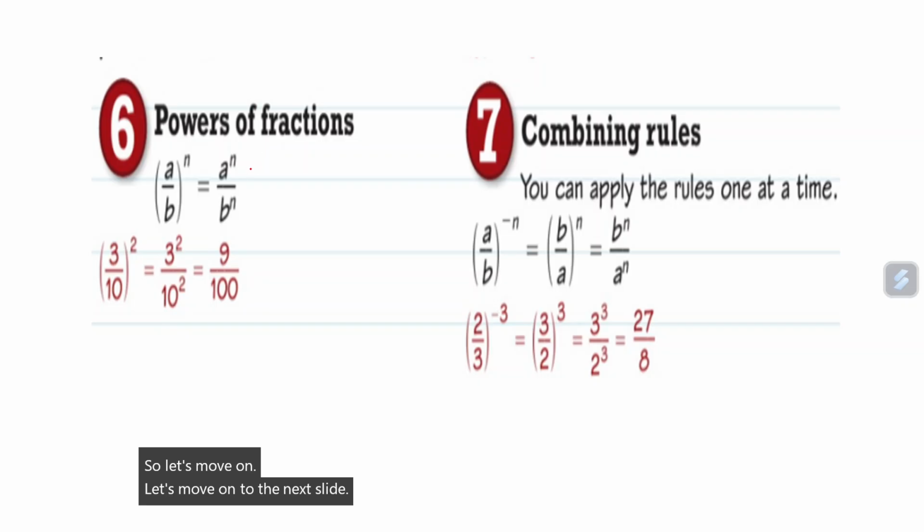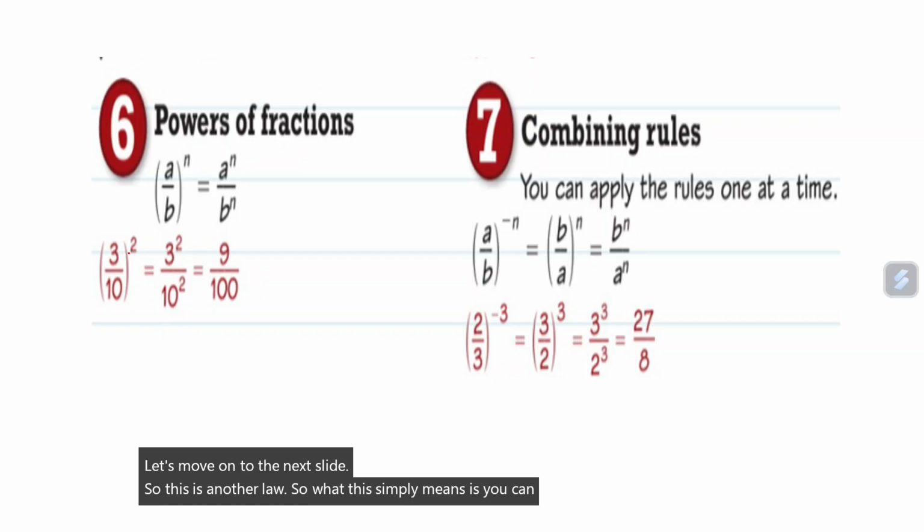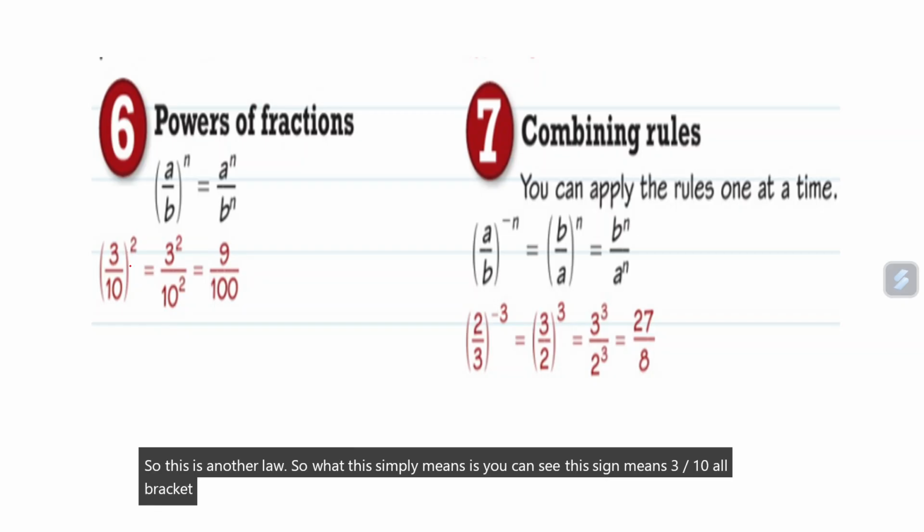So this is another law. What this simply means is you can see 3 over 10, all in brackets, raised to the power of 2.